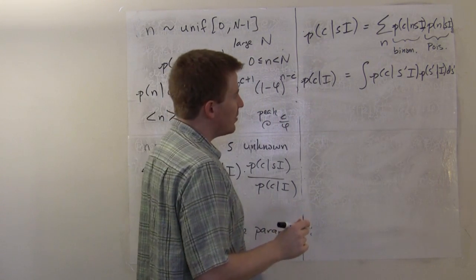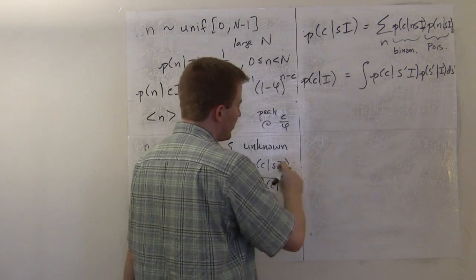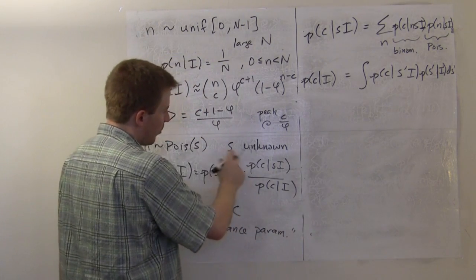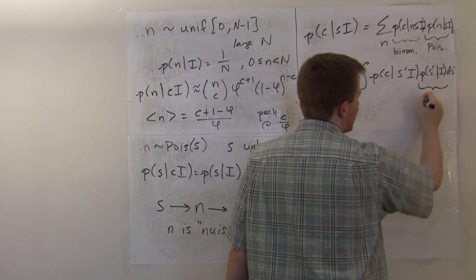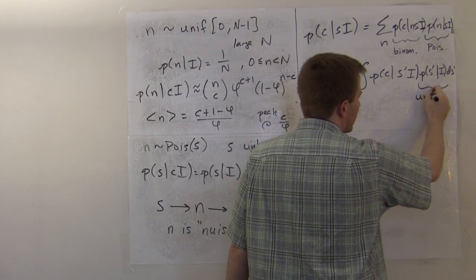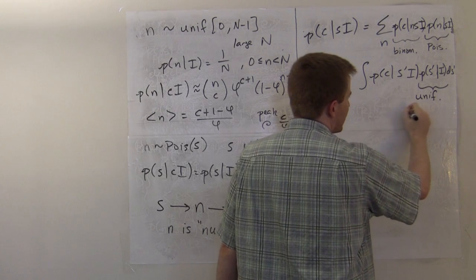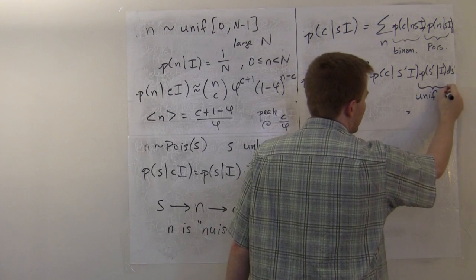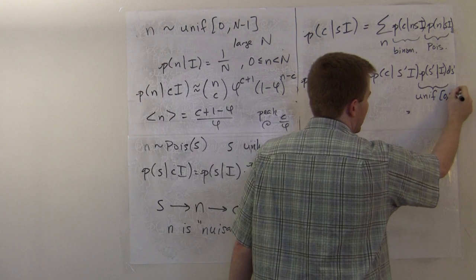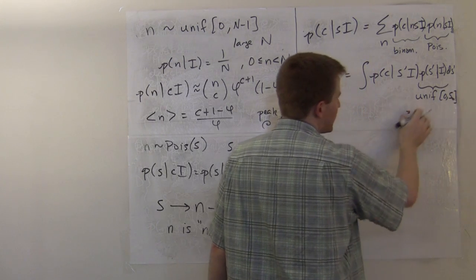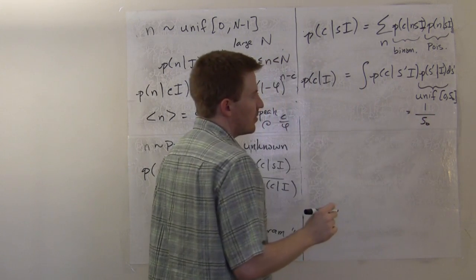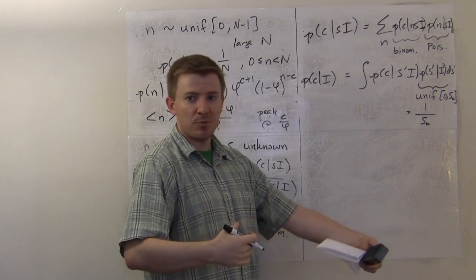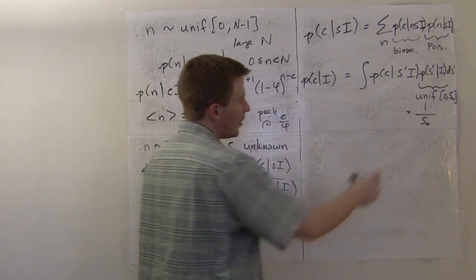The example that Jaynes works out is where we think of this source strength as being some unknown quantity. Maybe we assume that this is uniform, on some interval, 0 to S0. So its probability assignment is just 1 over S0. That's the uniform continuous distribution on an interval.